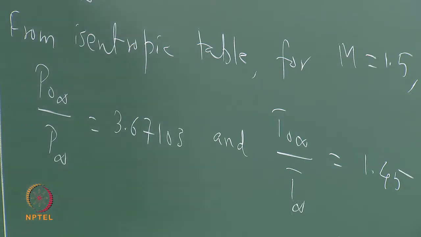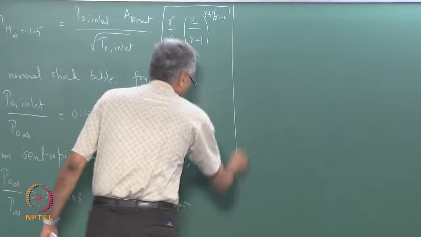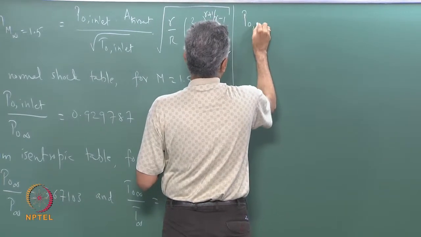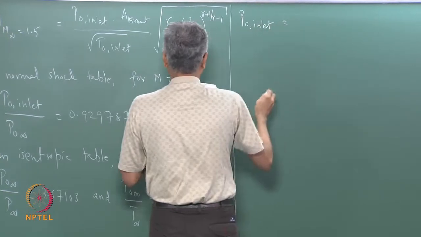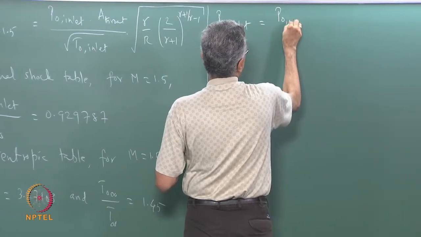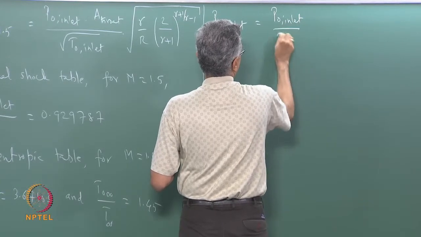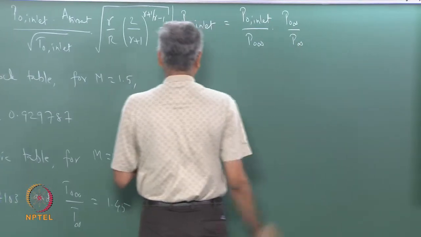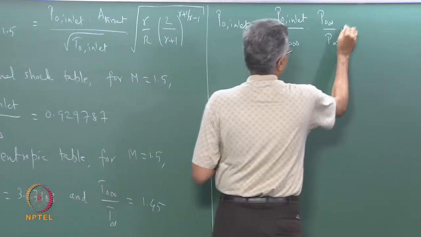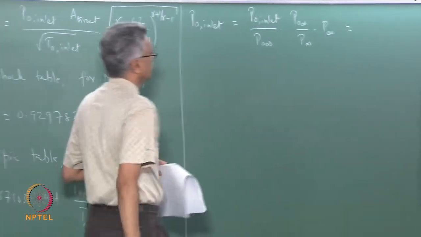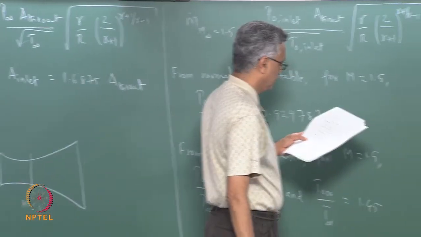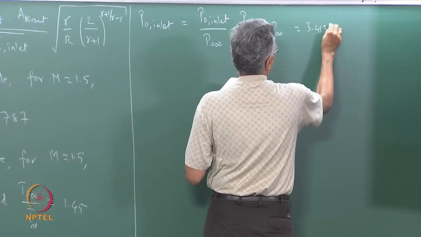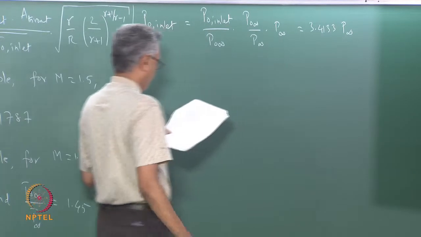So, I can use the same trick that I used before and write P0 inlet as being equal to P0 inlet divided by P0 infinity times P0 infinity divided by P infinity times P infinity. If I substitute the numbers, I get this to be 3.4133 P infinity.